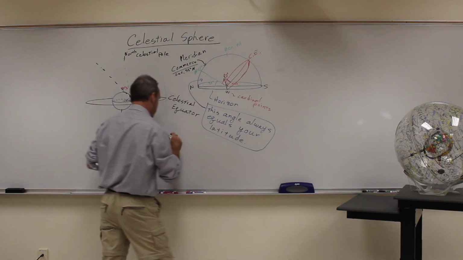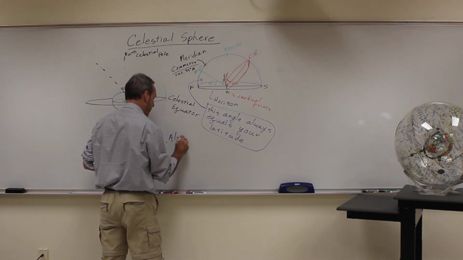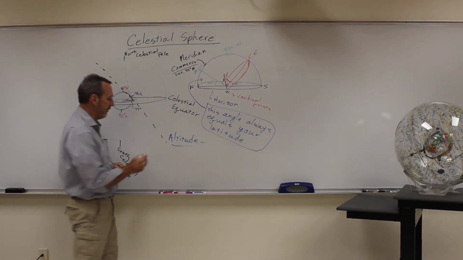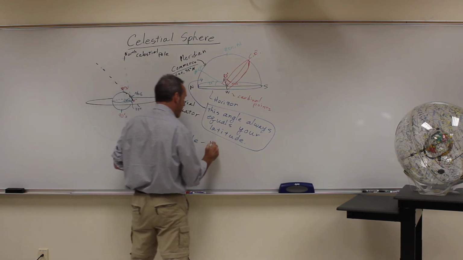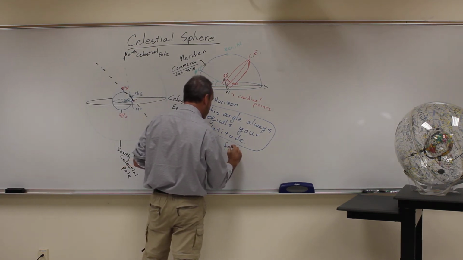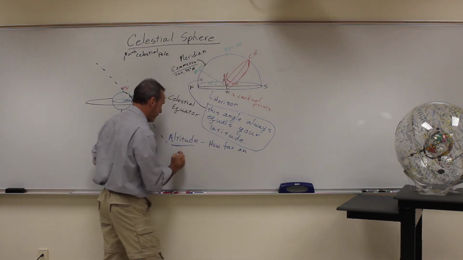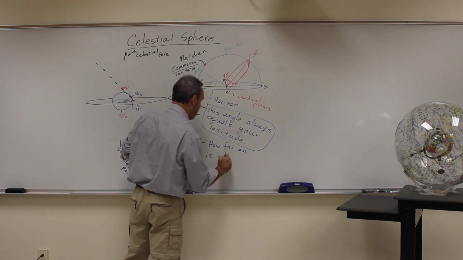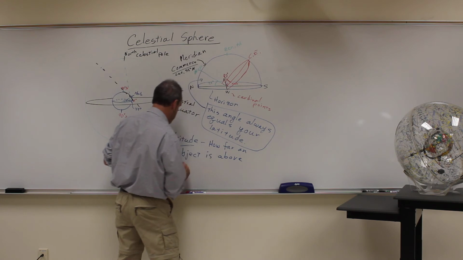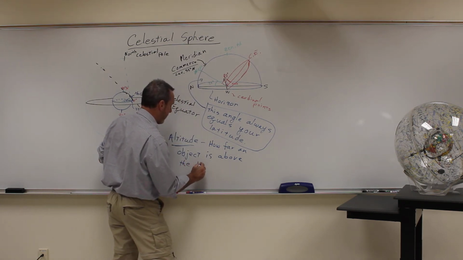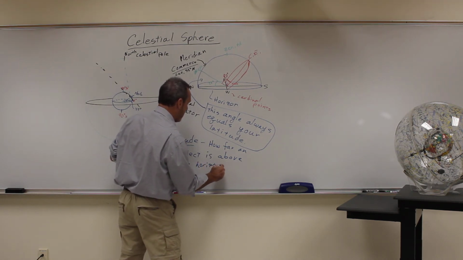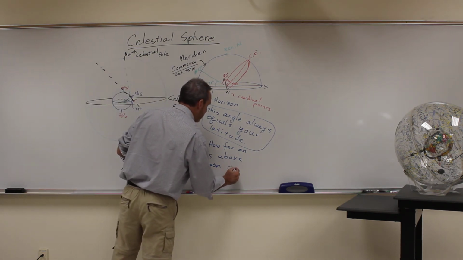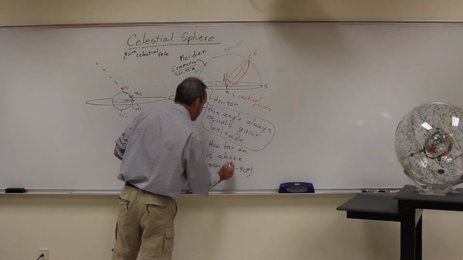Altitude, another definition here. This is an astronomical definition. Altitude is how far an object is above the horizon. And so it's an angle that usually goes from 0 to 90 degrees.